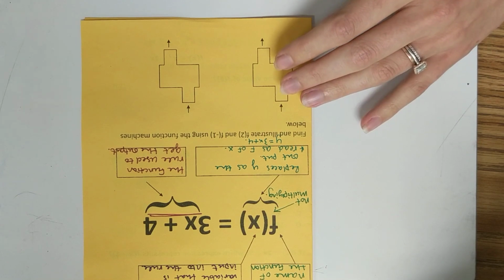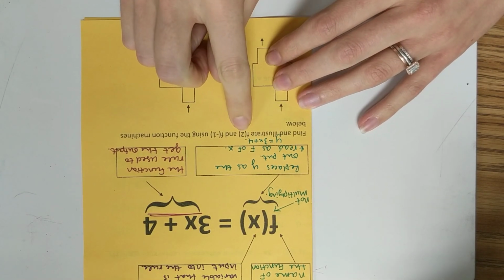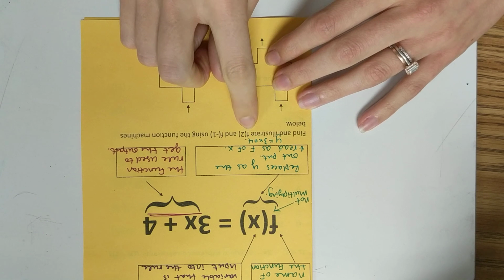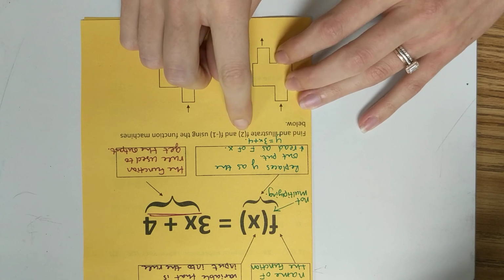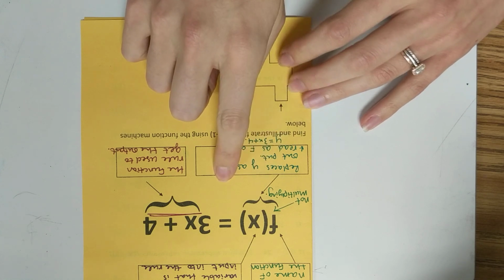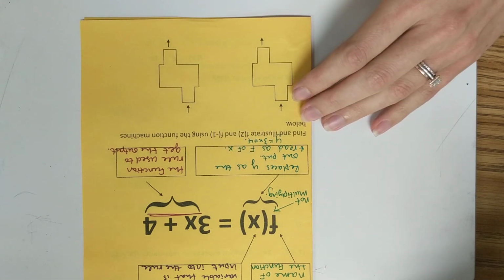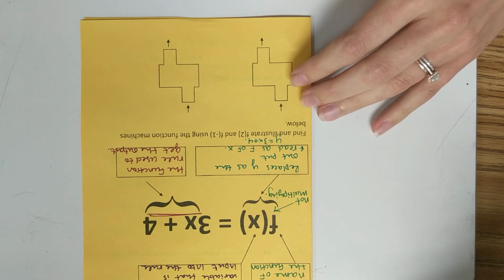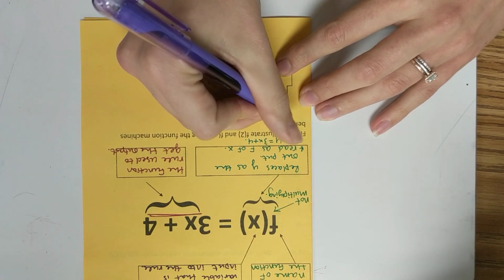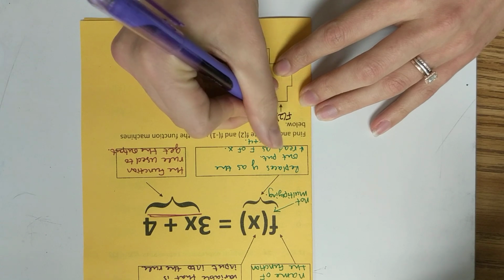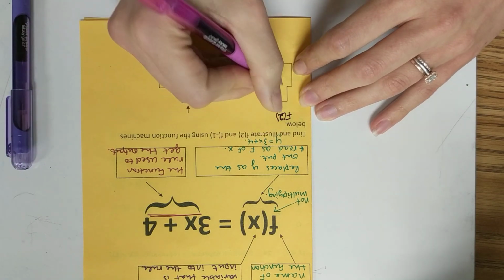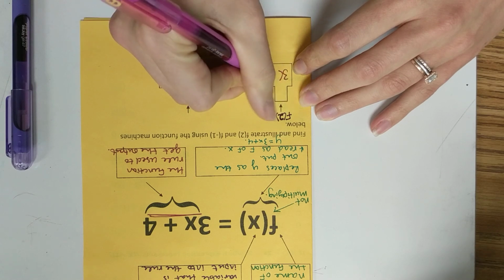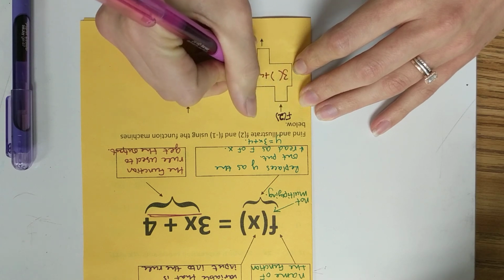So what they'll do is they will give you something like f of 2. So what this is telling me is that I'm going to replace x with 2 in my function. So I'm going to input 2. So f of 2 is my input into the rule. So 3 times x plus 4.